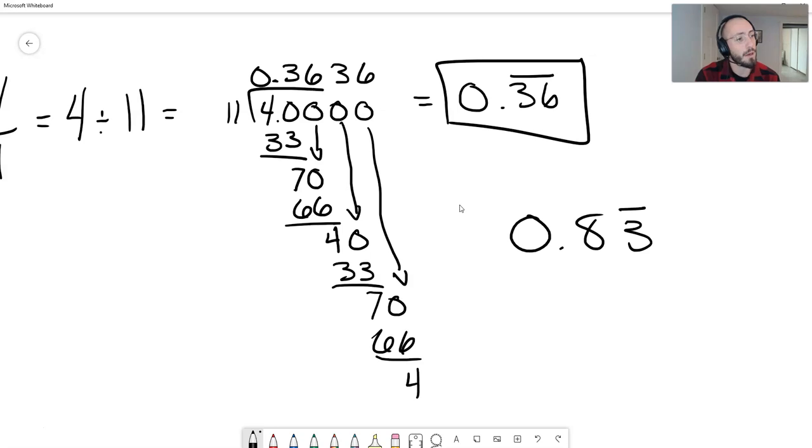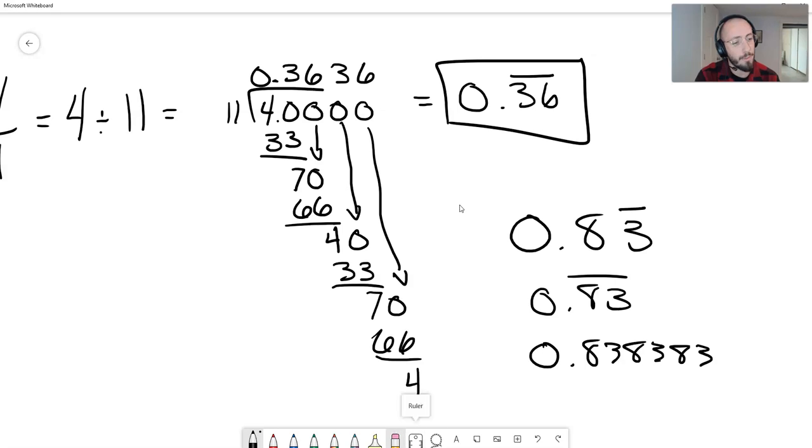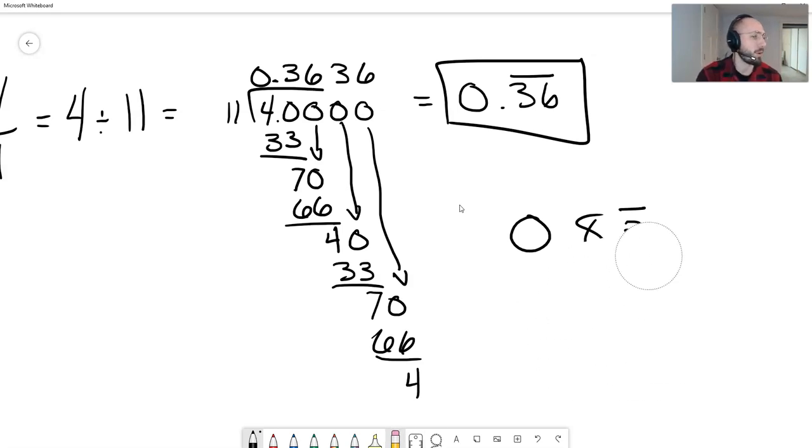We've got 1 8 here, so this would be 0.8333333, right? Forever. That's different than if we were to write 0.83 with the bar over both digits. This one means that the 8 and the 3 alternate and repeat forever. So this is equal to 0.838383. That's an important distinction to make.